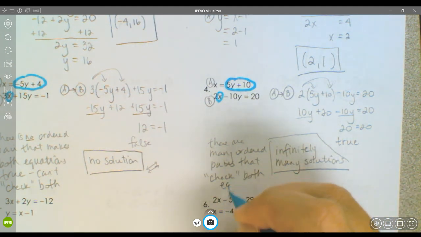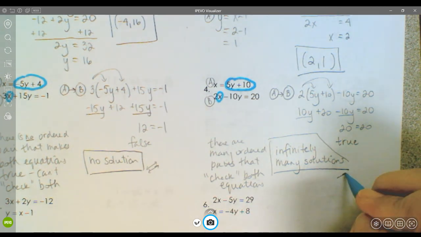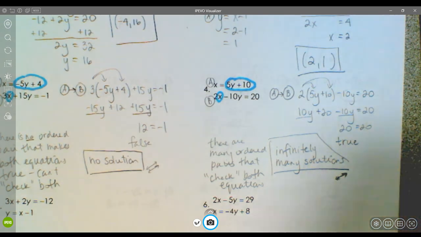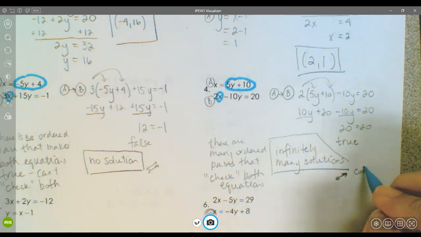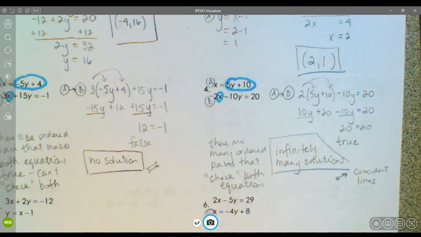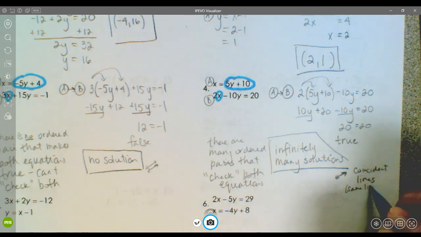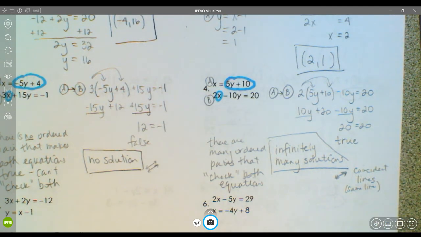And what does the graph look like? Well, it's a line with another line directly on top. So I've heard them say they're coincident lines, same line. That's what you need to know. Okay? So that's where we are there.